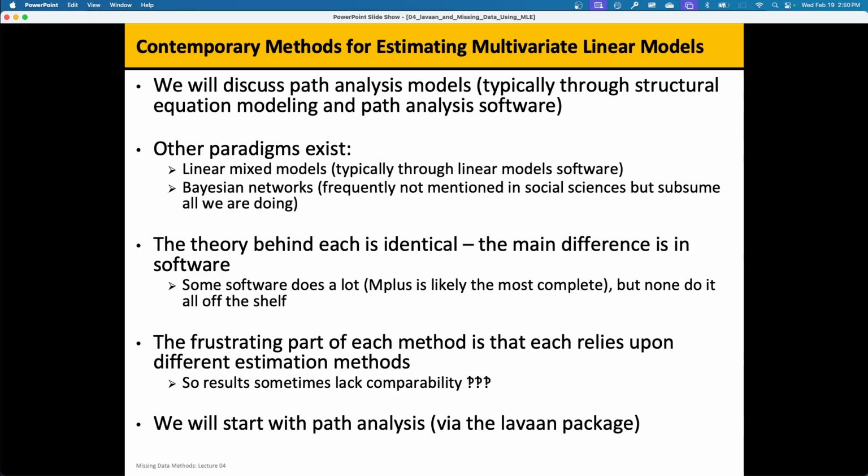I'm giving you the path analysis version of what we have here. The theory behind each is pretty much identical. The main difference is software, right? Like Mplus, probably the most complete for having a bunch of options, but no piece of software does everything that you'd want in a multivariate model off the shelf. And that's where I envision how we play out this course.